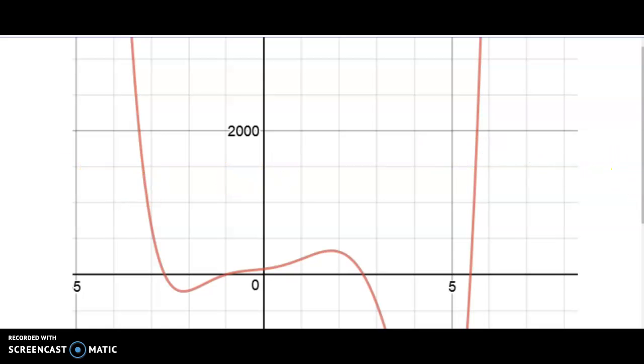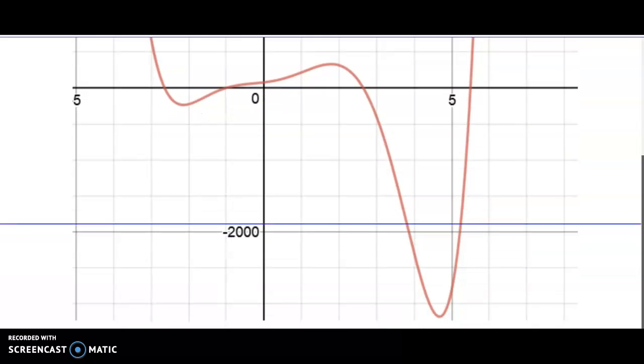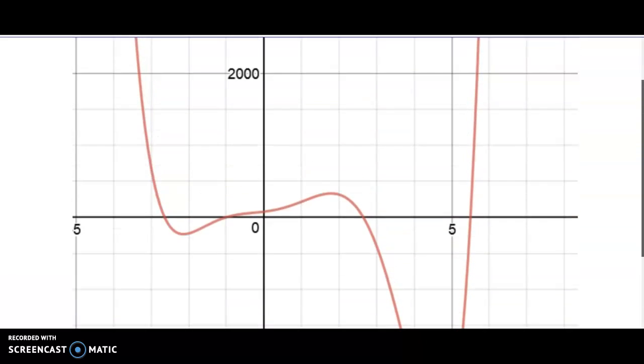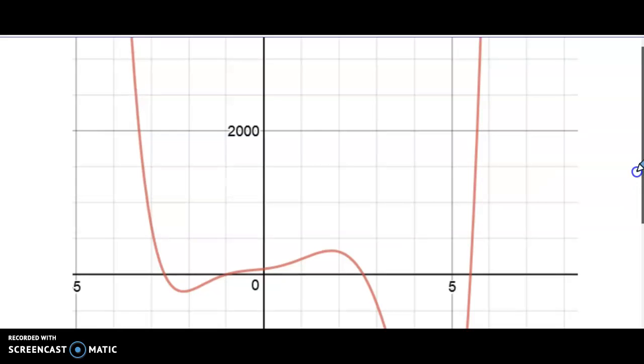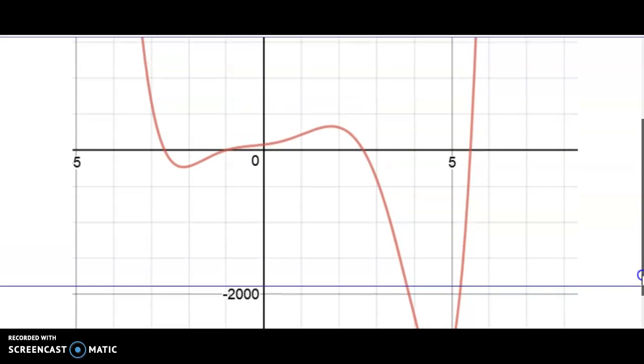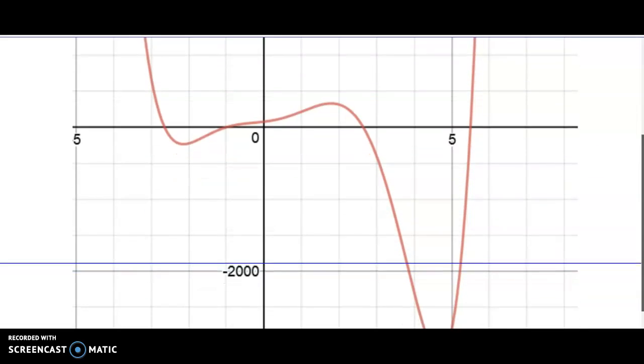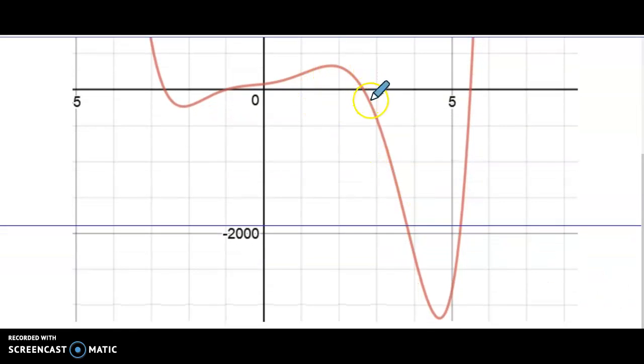Well, when I put it on the actual Desmos, look what I had to use on my y-axis, -2,000 up to 2,000 is what I have there. Okay? Because I got such big numbers. Remember, 4 gave me like 8,000. I can't even see it here because I just went to 2,000. But it's neat to, because of what I did, okay, and again, I didn't get some of these bumps.